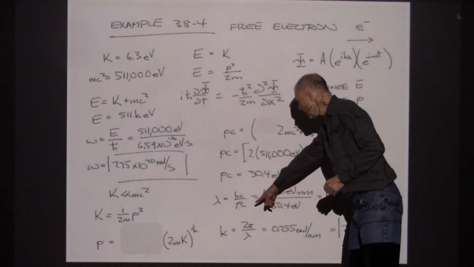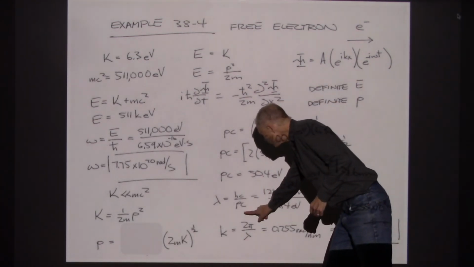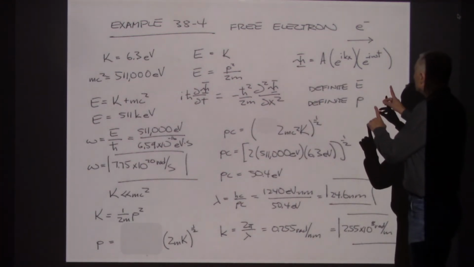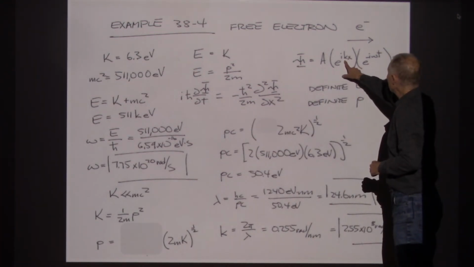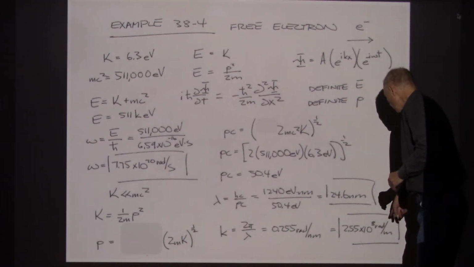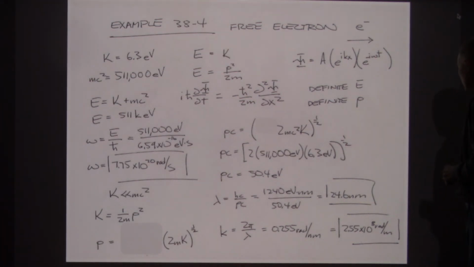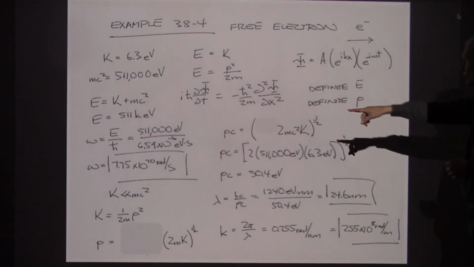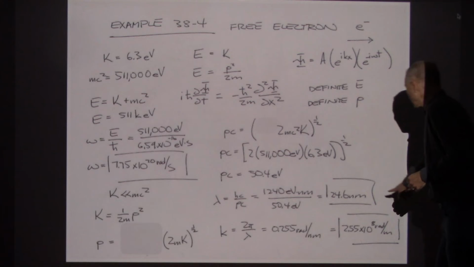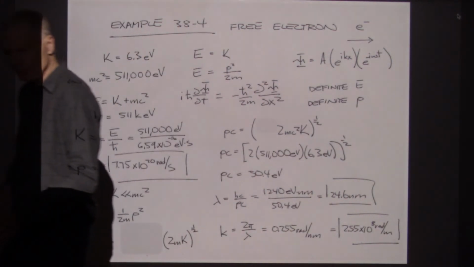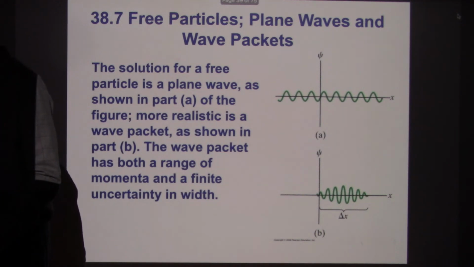The wave number is given by 2 pi over the wavelength. So, initially we said we needed to find little k, the wave number, and the frequency. The wave number is 2.55 times 10 to the 8th radians per meter. The frequency is 7.75 times 10 to the 20th radians per second. The wavelength of this electron is 24.6 nanometers, is how that all comes together.